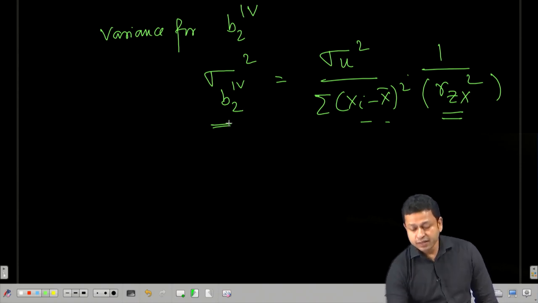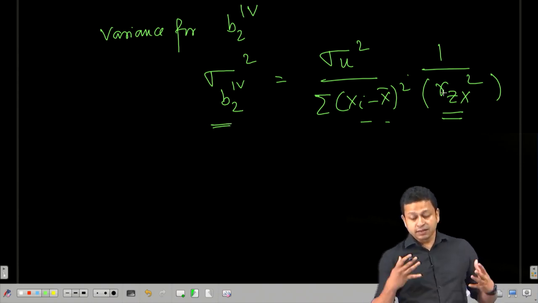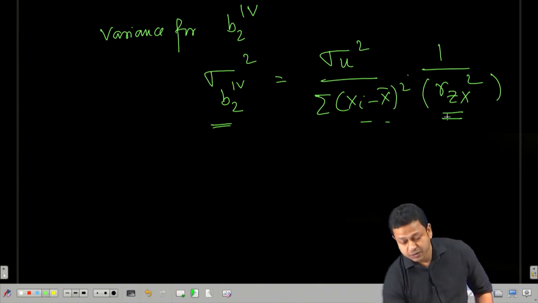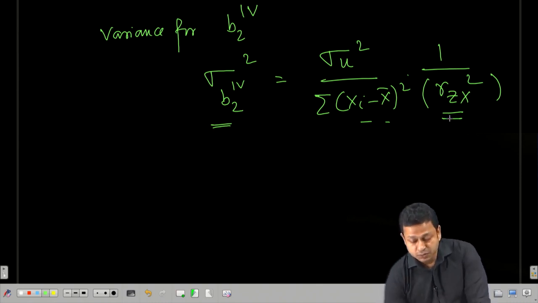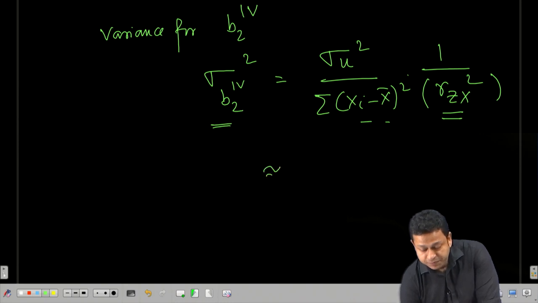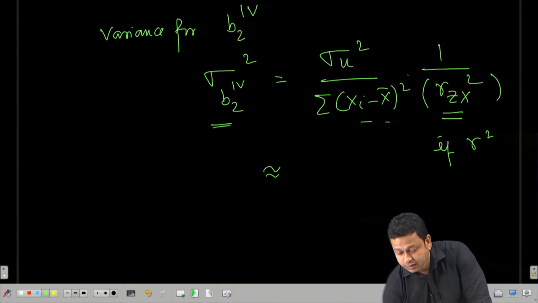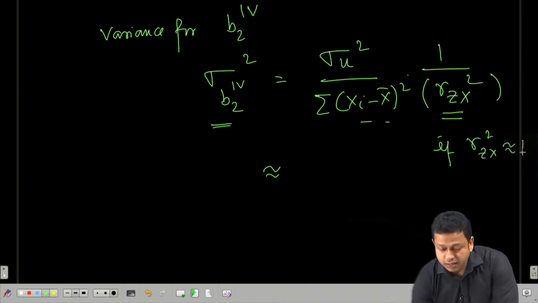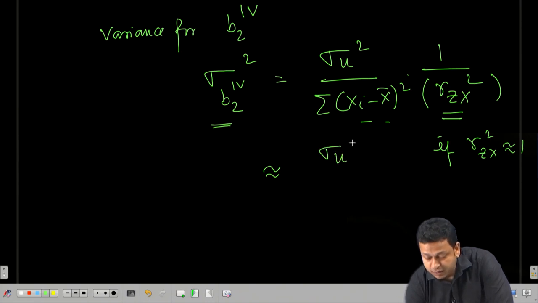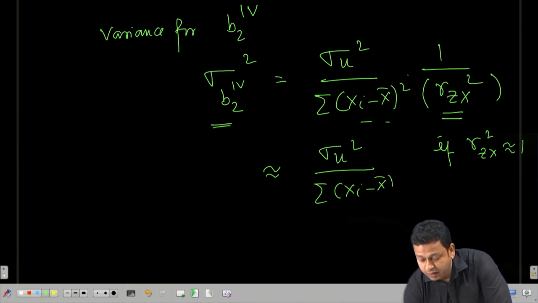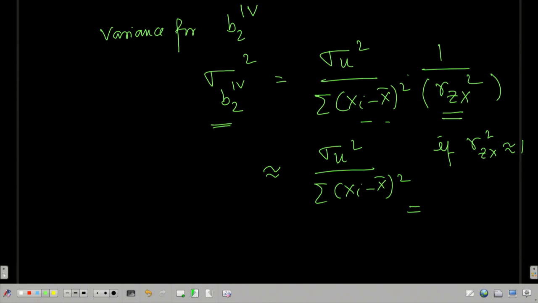Now, here if the relationship is strong, then R is going to be close to 1. If R square z x is close to 1, then this term is essentially going to be sigma u square by summation x I minus x bar square, which is nothing but sigma beta 2 OLS square.